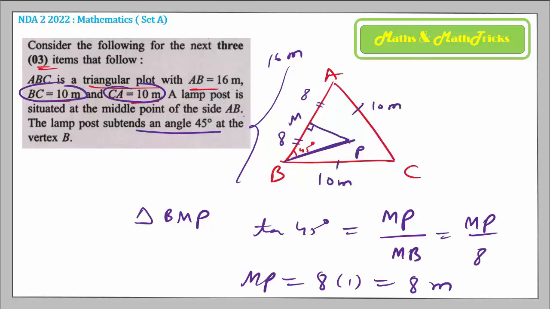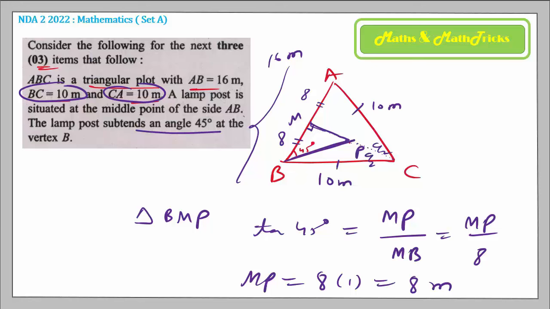So this MP is the perpendicular segment, which is nothing but the lamp post. If you continue drawing the line, you will get this MC, which will be the bisector of this angle C. So you have indirectly C by 2 in that figure. Okay, so you have to refer to this particular triangle BMC with the C by 2 angle.